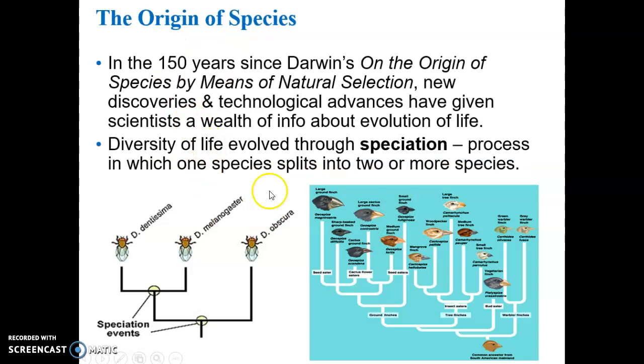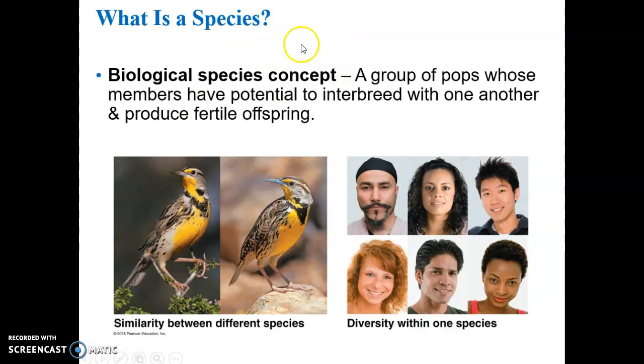So we've been talking about species. What is a species? One basic definition is the biological species concept. This definition says a species is a group of populations whose members have the potential to interbreed with one another and produce fertile offspring.